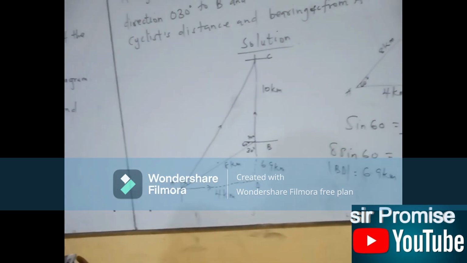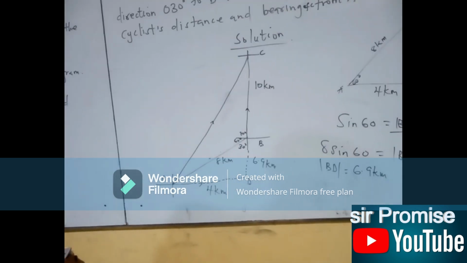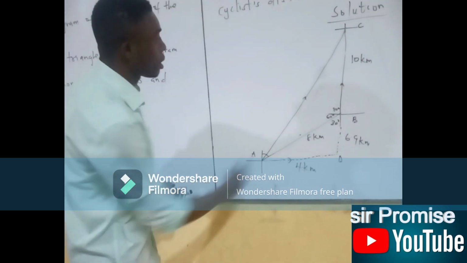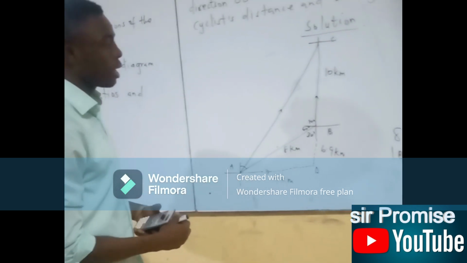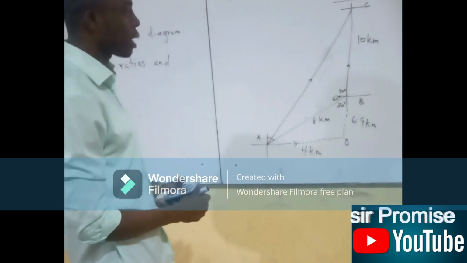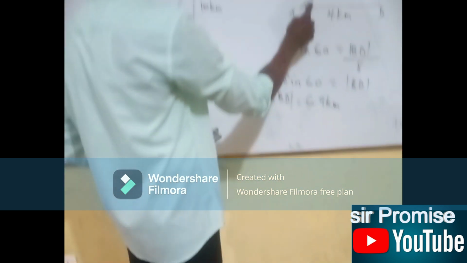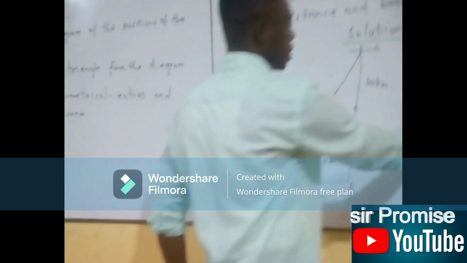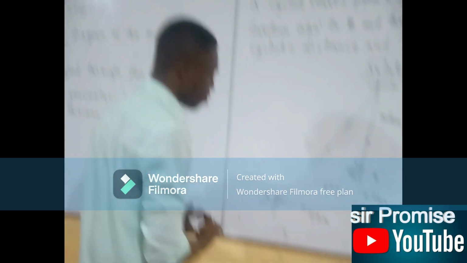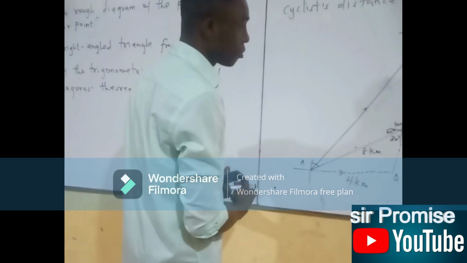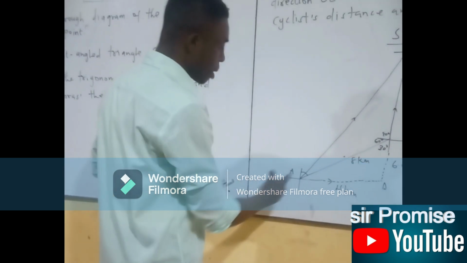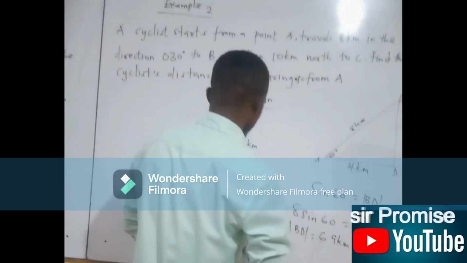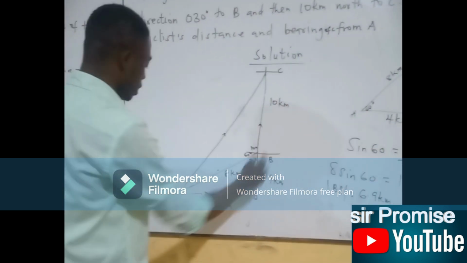Okay, so now let's work the bearing. What is the bearing from A to C? How do you work that one? Now we know this. If we want to find the bearing, we are going to use this side.